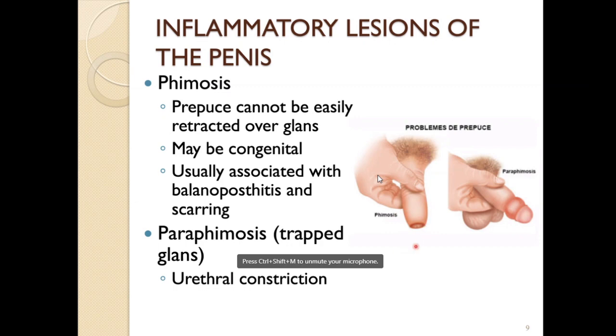You see the image here. This may be congenital, and is usually associated with inflammation of the prepuce and glans with scar formation. Paraphimosis is the opposite of phimosis. Here there is a trapped glans which cannot go back as it should, and the consequence will be urethral constriction and so on.